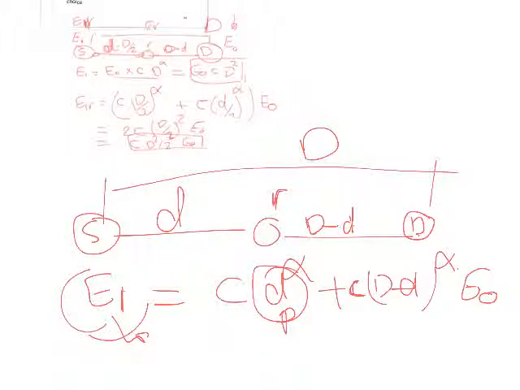D over 2. What is small d? It will turn out to be capital D over 2. How do you do that? How do you think we could do it? How can we make E1 minimum? Differentiate. Take the derivative.